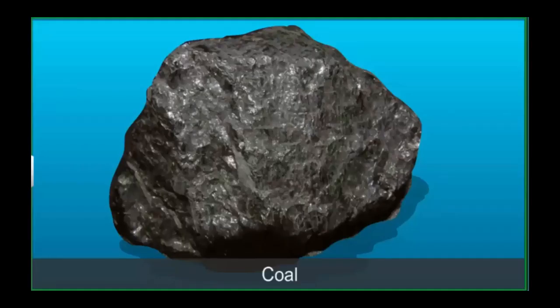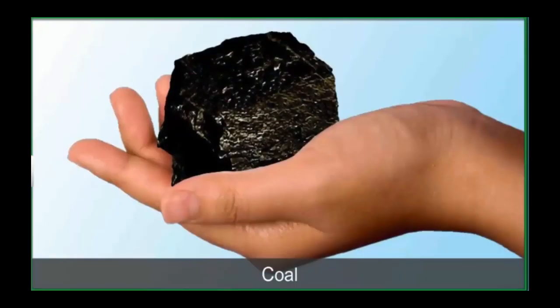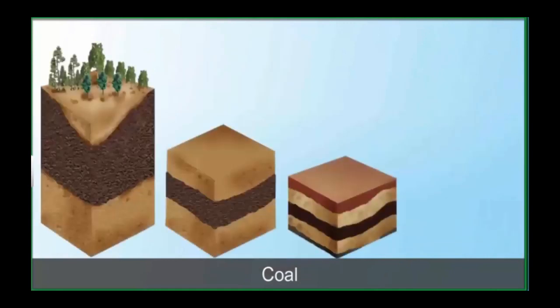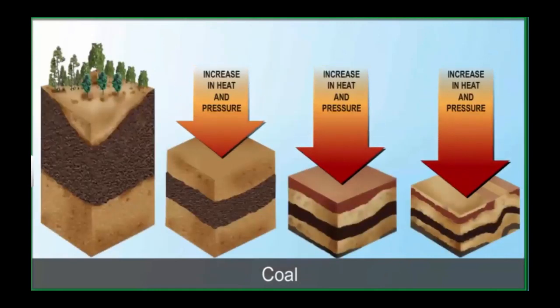Coal is another important conventional source of energy. When you hold a piece of coal, you are actually holding a part of a tree that grew on the earth millions of years ago. Over the years, the intense heat and pressure turned this prehistoric plant material buried under the earth into coal.